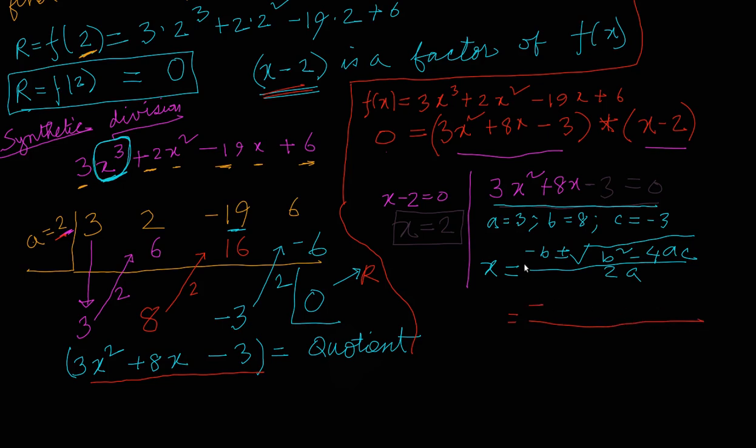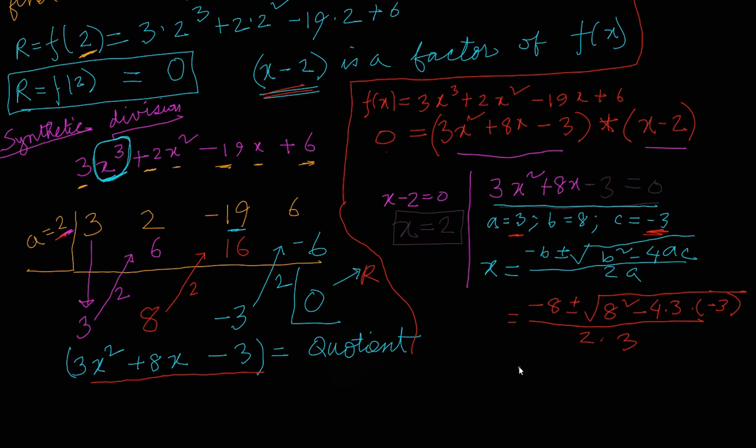So minus b, what is b? 8, plus or minus square root of b square, so 8 square minus 4, and what is my a? 3, multiplied by c. What is my c? Negative 3, over 2a, so 2 multiplied by a, which is 3.